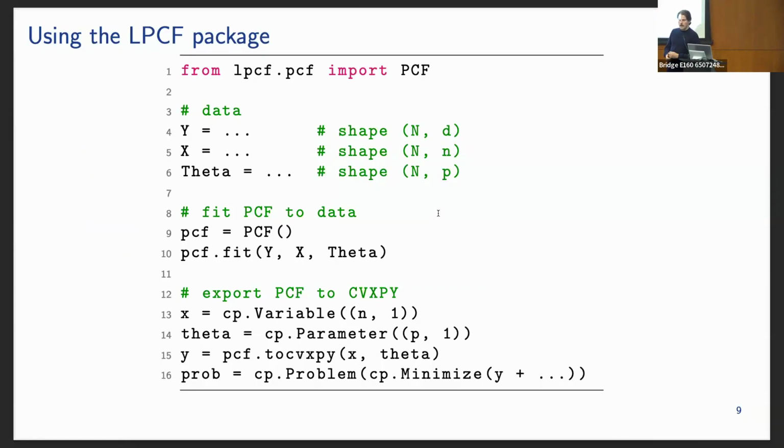Then you define a CVXPY variable x and a CVXPY variable theta. Then you call the toCVXPY method on that PCF object and pass in these two CVXPY objects. That gives you a CVXPY expression y, which follows DCP. And then you can use it in a CVXPY problem.